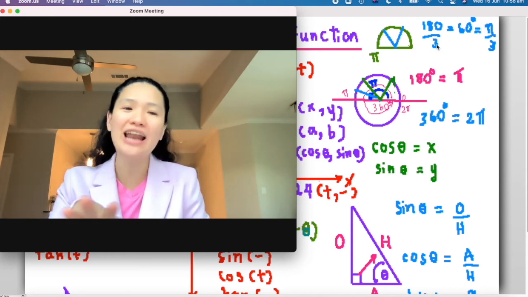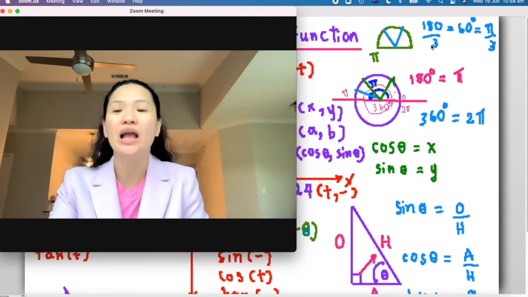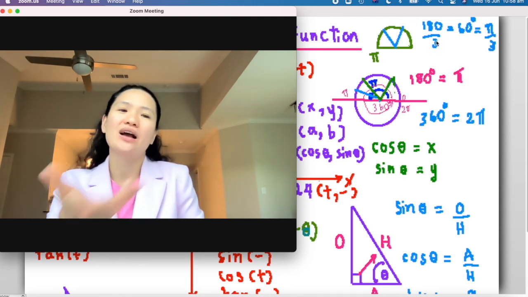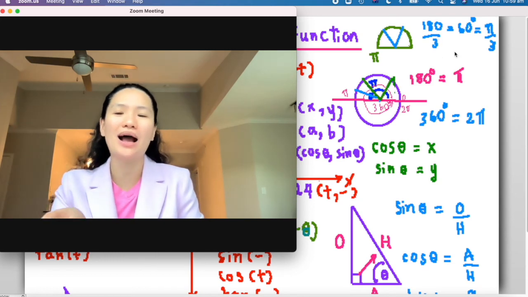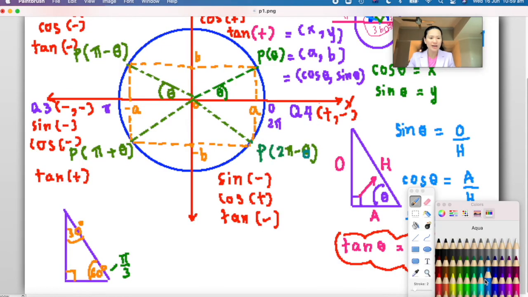Okay, that makes sense. And I'm going to do the same thing with 30 degrees: 30 degrees equals pi divided by 6. So you need to know all of these.